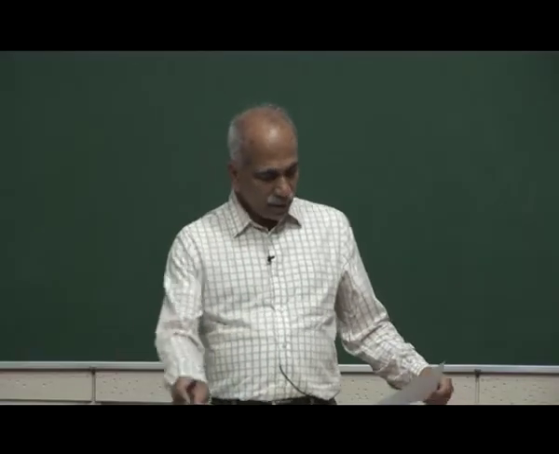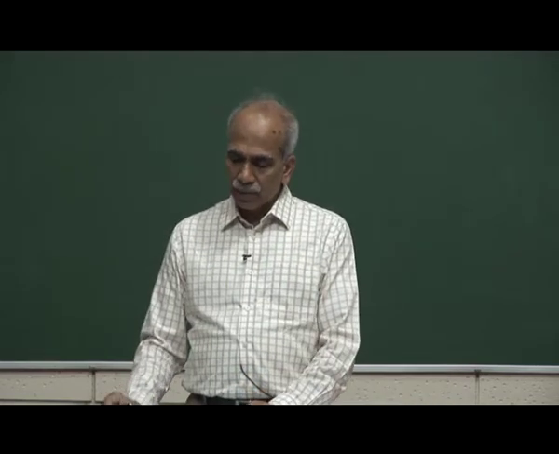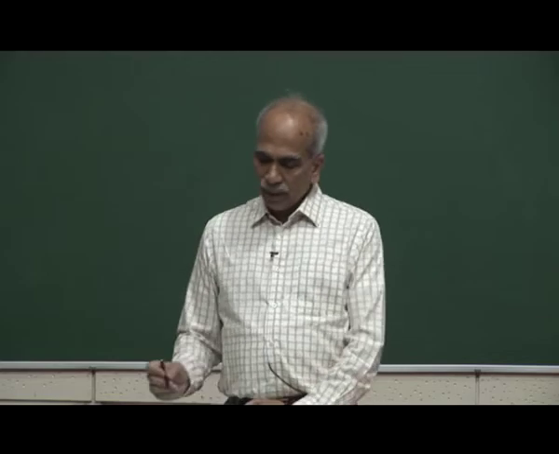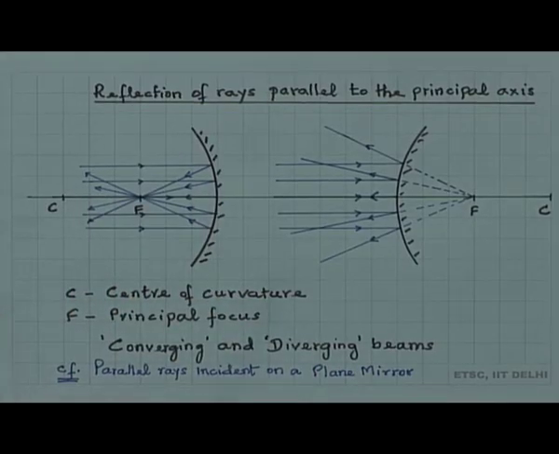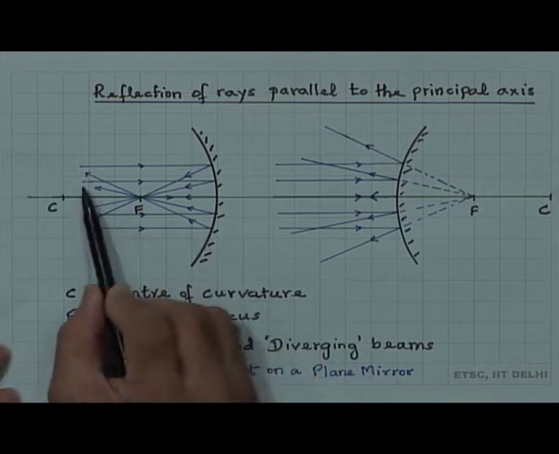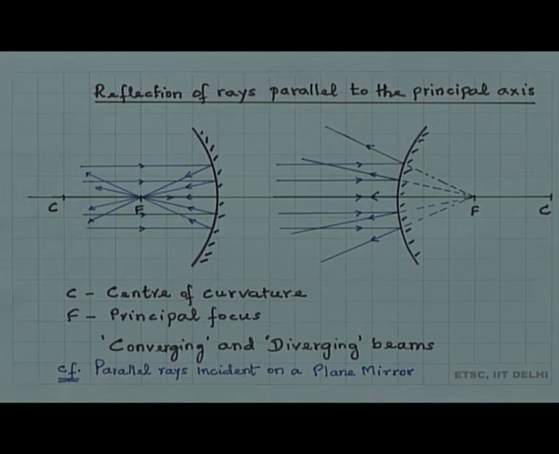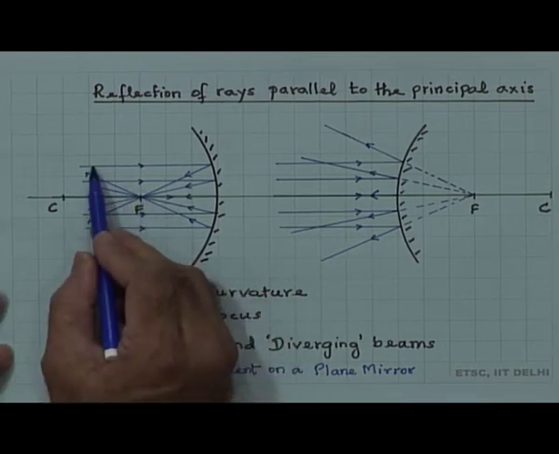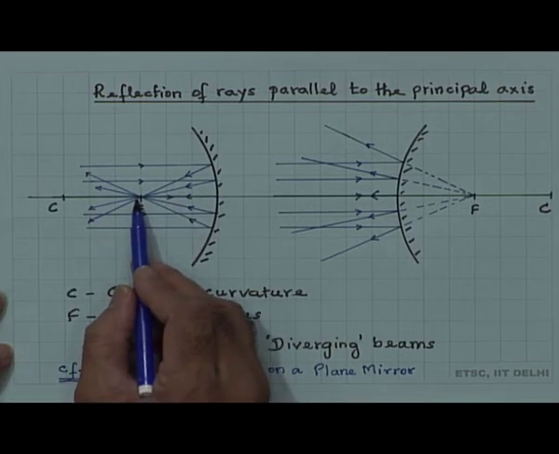Next, we consider reflection of rays parallel to the principal axis. What I have shown is, consider any ray which is incident here, which passes through a point f here, and another parallel ray also passes through the point f.